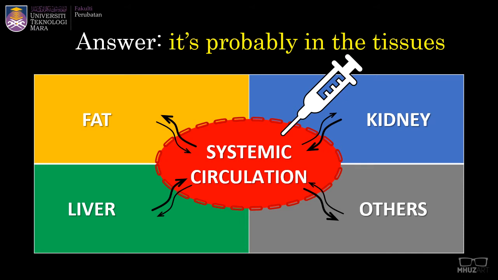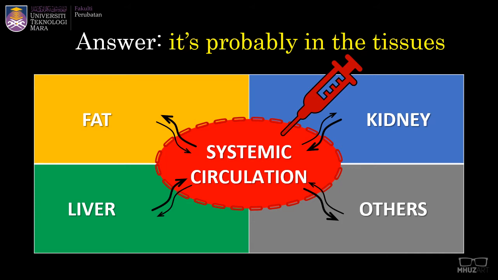Why this happens is that when we take drug concentration levels and send them to the lab, we are actually just measuring the level of the drug in the systemic circulation, not accounting for the fact that as the drug enters the systemic circulation, be it if the drug is given intravenously or even orally, it is straight away redistributed to either fat or kidney, liver, and other tissues.